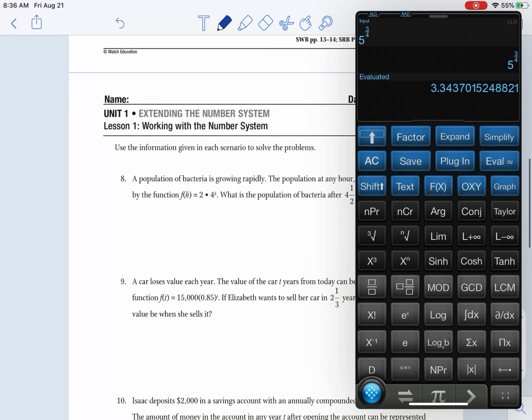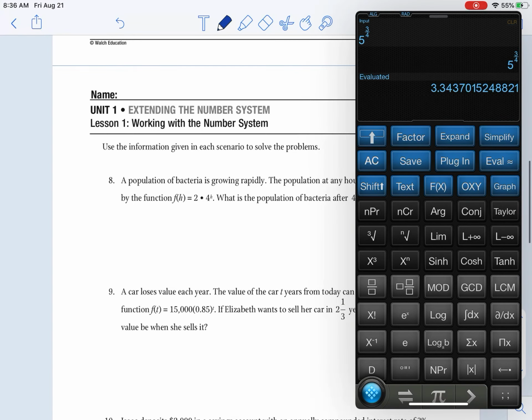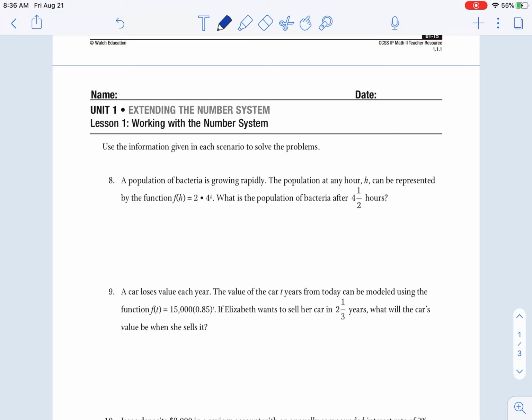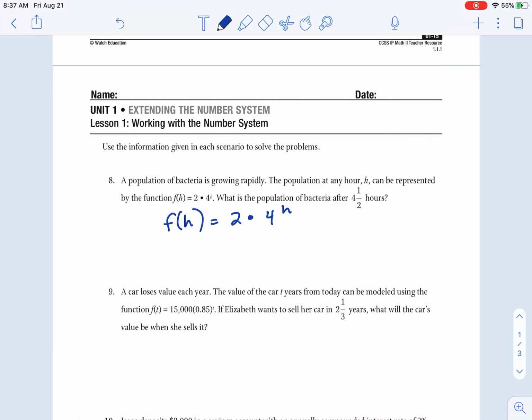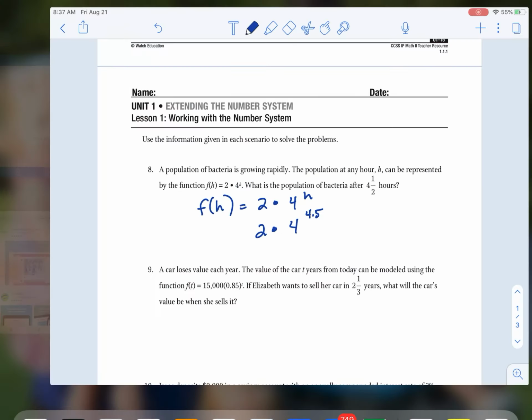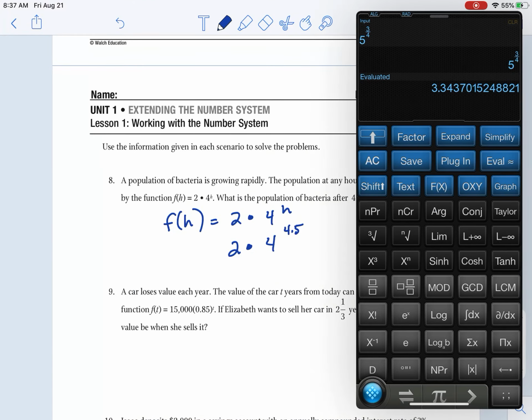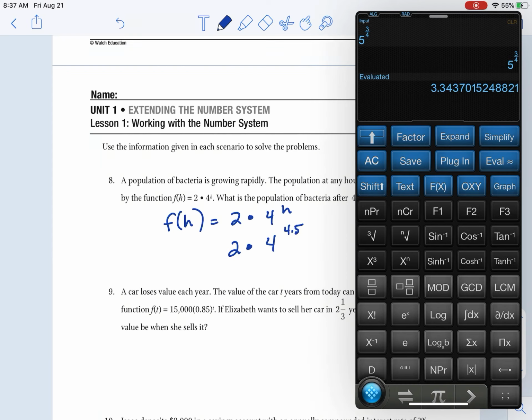Eight's the last one. It says, what's the population of bacteria after 4.5 hours? So F of H, H is hours. So literally you just plug in 4.5. I'm going to go 4.5 because I don't want to use a fraction inside of an exponent. So let me put that calculator back.